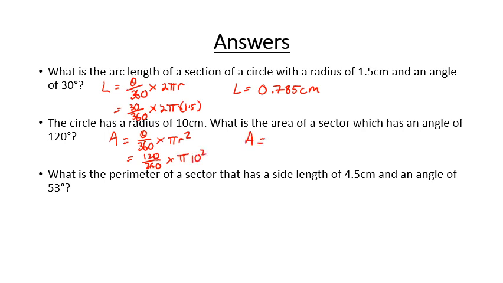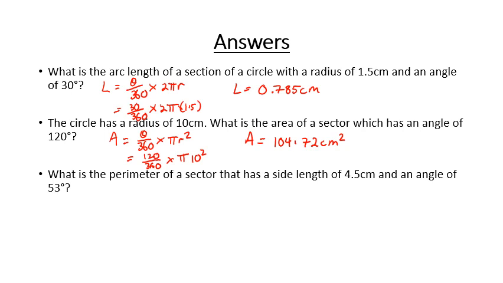Area is therefore, put that all into our calculator, 120 divided by 360 times pi times 10 squared. That's going to give us an area of 104.72 centimeters squared.